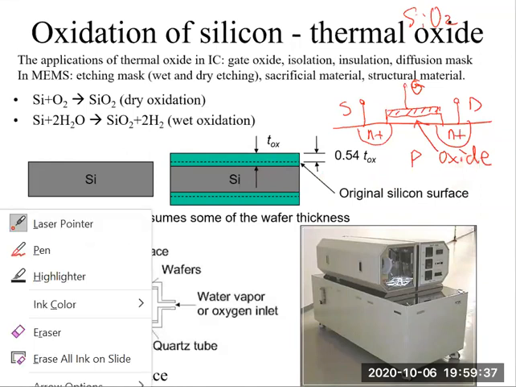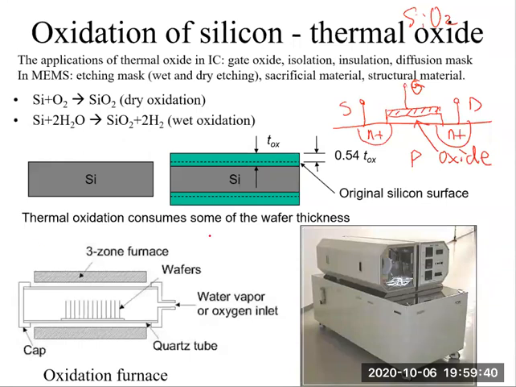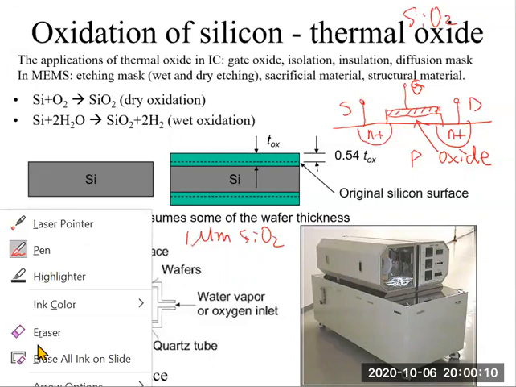So it's very, very simple, right? Now let me ask this simple question. If we grow 1 micron thermal oxide, how thick is the silicon substrate consumed? If 1 micron silicon dioxide is formed, how thick is the silicon substrate consumed? It should be very simple.